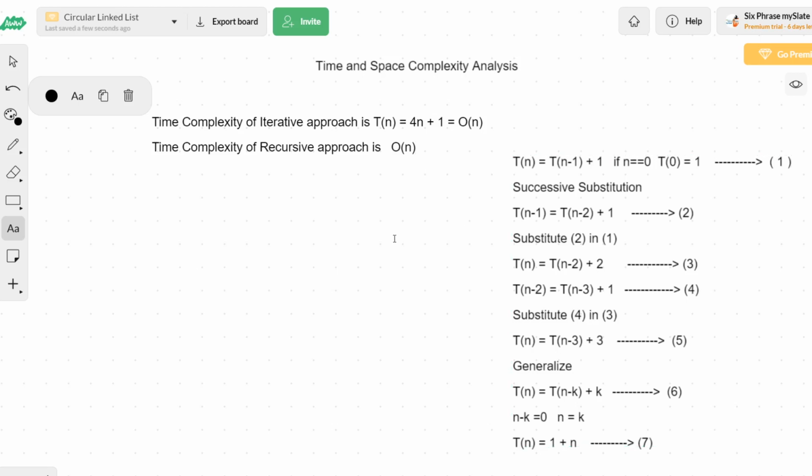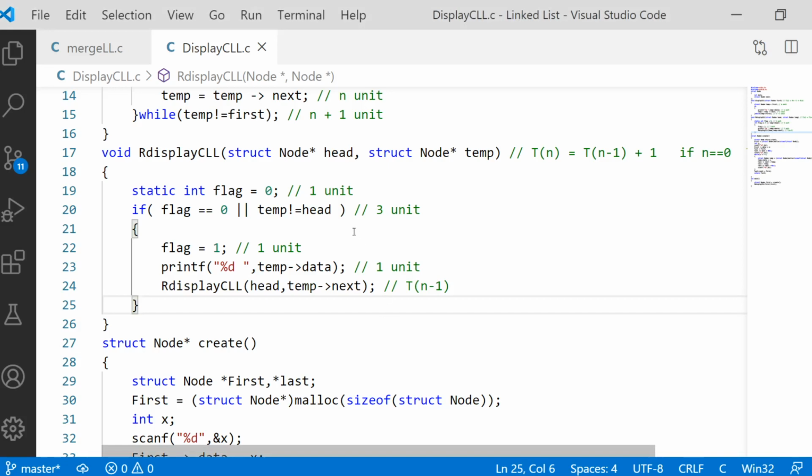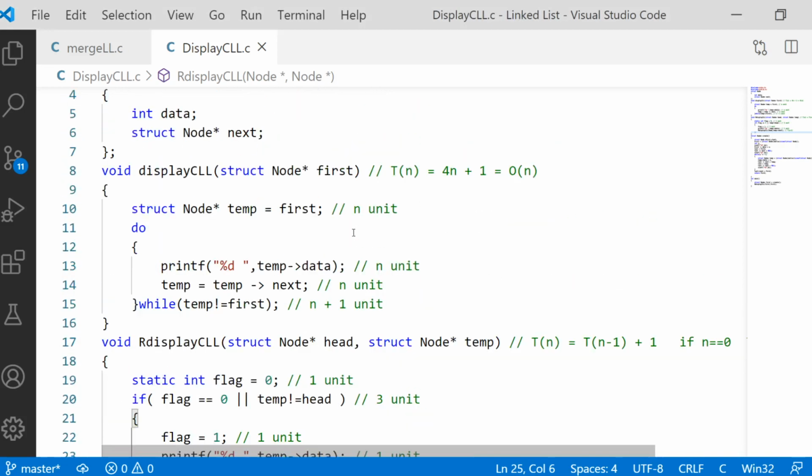Now let us also speak about the space complexity of both the methodologies. The space complexity depends on the extra memory blocks that it takes. Coming to the iterative approach, we have taken two blocks: one is first, the other one is temp. Only two extra blocks, so 2 units, that will not change with respect to input change.